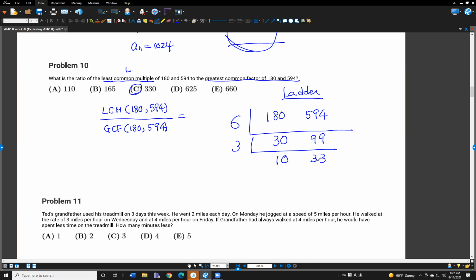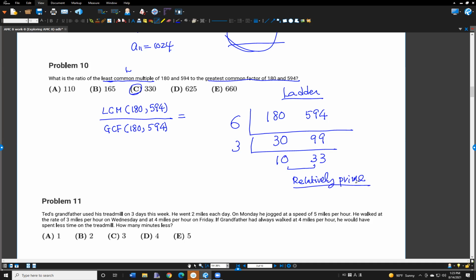There is no more common factor over here, right? 10 and 33, we cannot have any number to divide both, except 1, right? Not 2, not 3. This is what we call relatively prime, because there's no common factor.